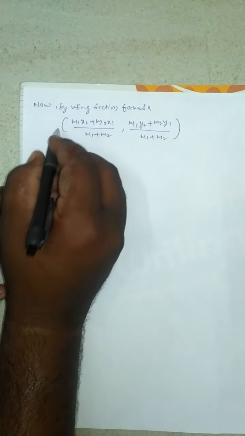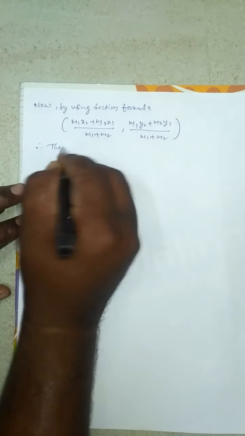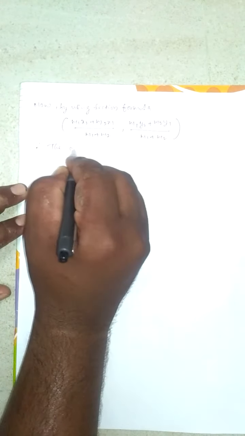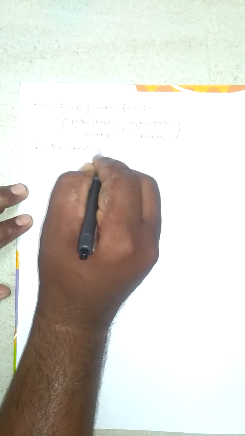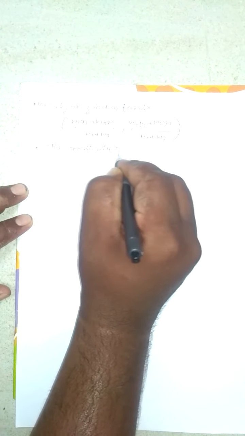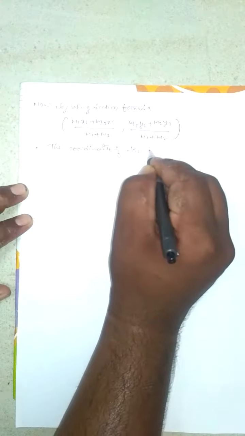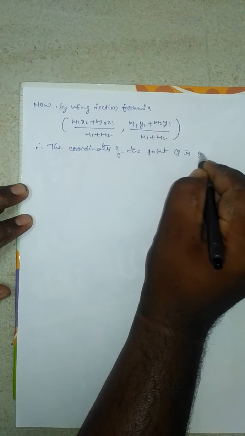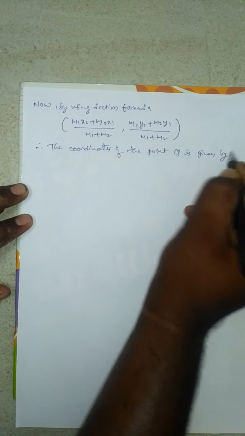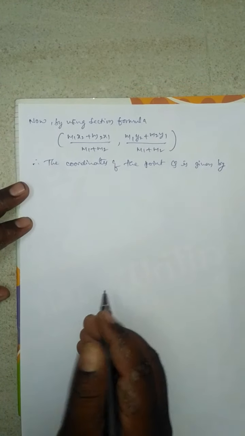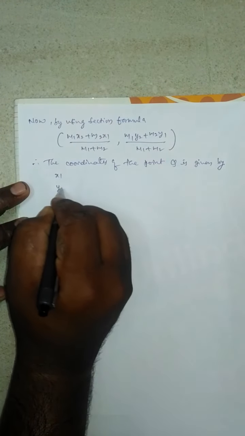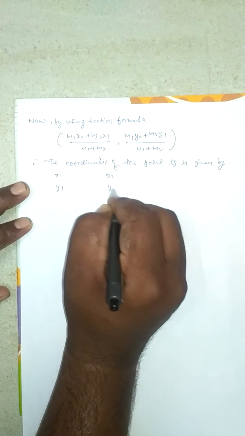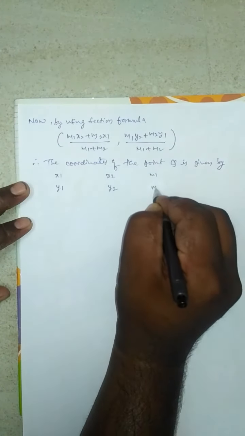Therefore the coordinates of the point Q are given by x1 y1, x2 y2, m1 m2.